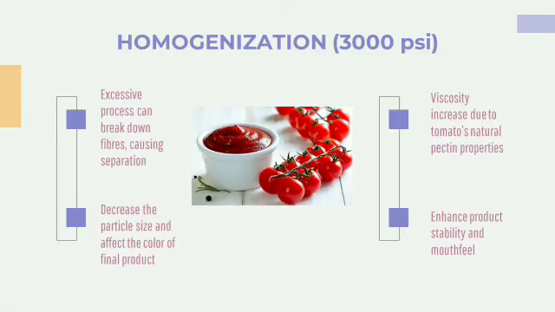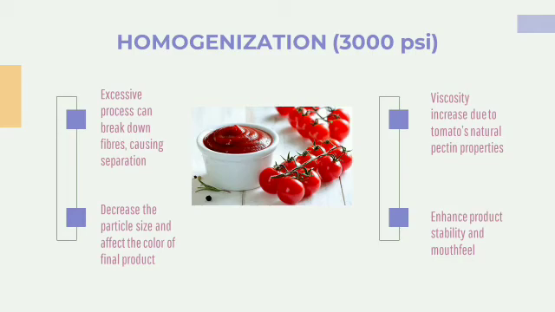Next, the homogenization process will take place. Homogenization is also a very critical processing condition as it will affect the tomato ketchup in terms of its quality and stability. Homogenization at 3000 psi is very much recommended. But if the tomato ketchup is homogenized excessively, this can break down the fibers, causing separation.